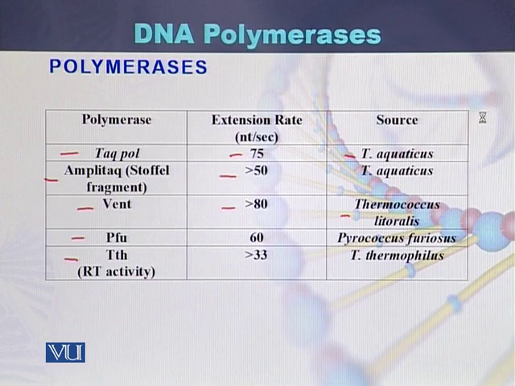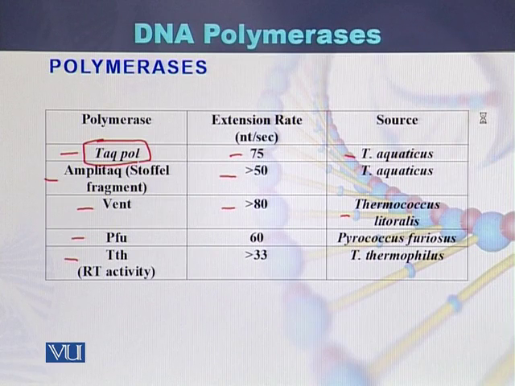Out of all these polymerases, the most common DNA polymerase is called Taq polymerase. So this is one of the most commonly used polymerases. In some PCR reactions, like in case of long PCR, there can be a mix of different DNA polymerases.